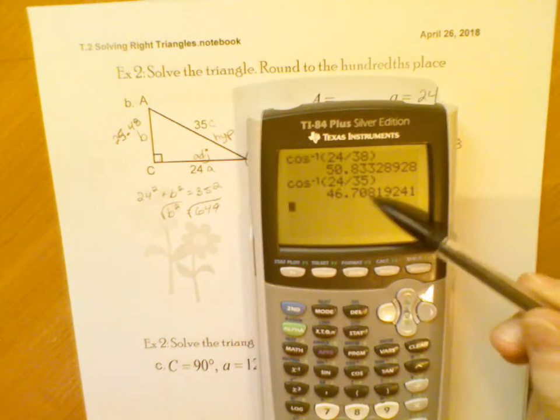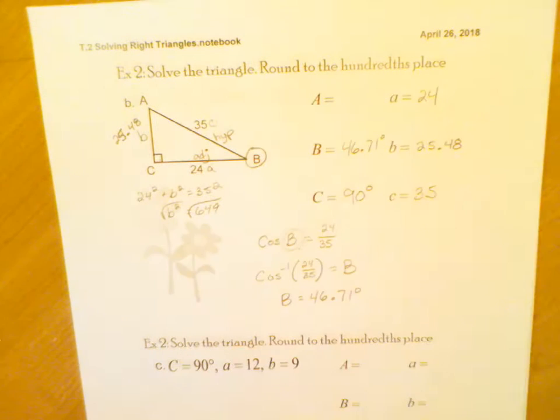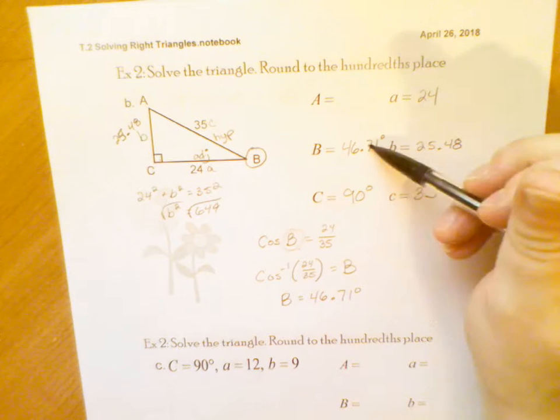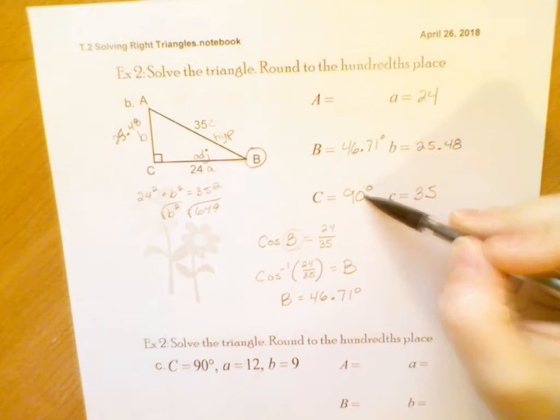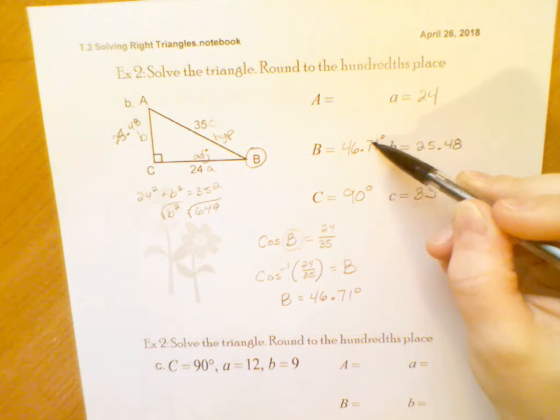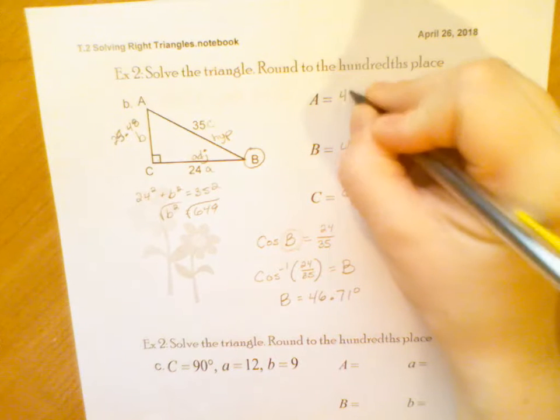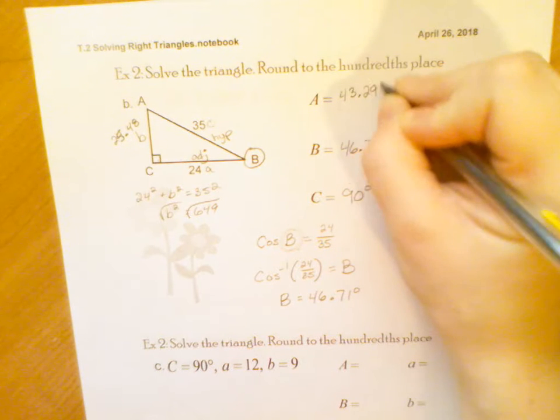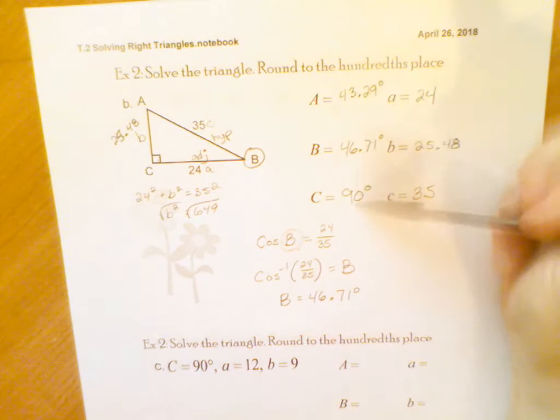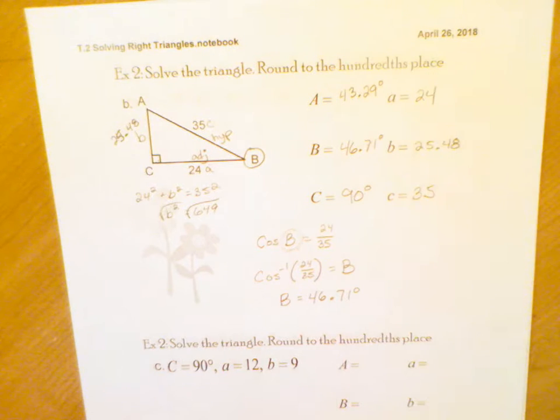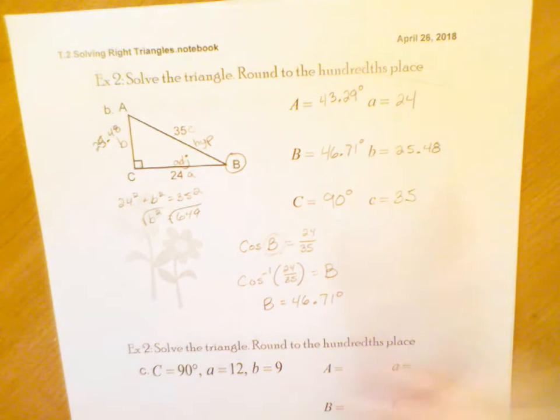So I rounded up there. And then to get this third angle, I'm going to do 180 minus 90 minus 46.71, and I get 43.29 degrees. Because remember, these have to add to 180, so I can take 180 and subtract out the two. So here are all the parts of my triangle.